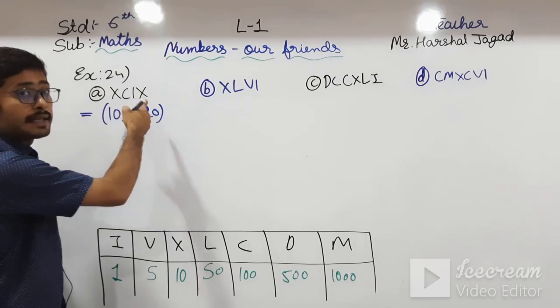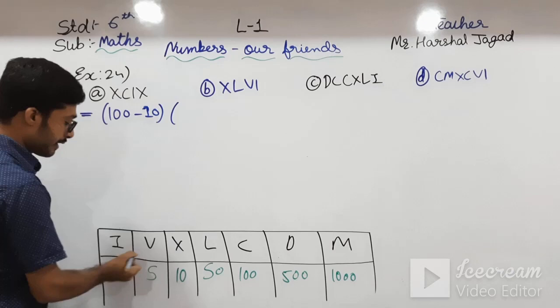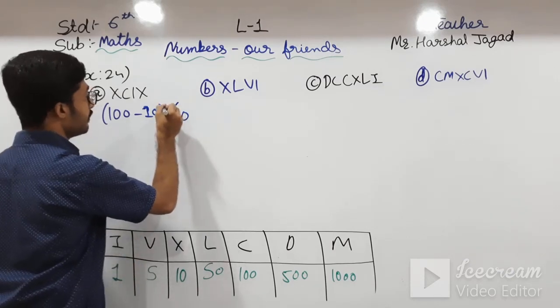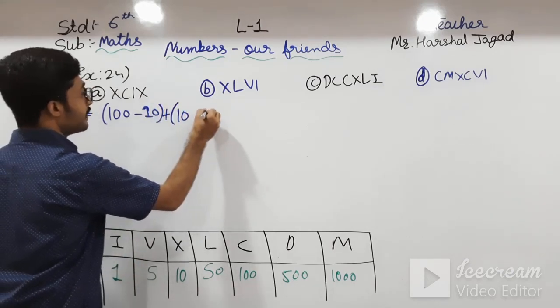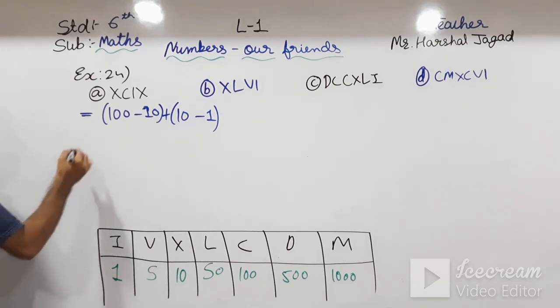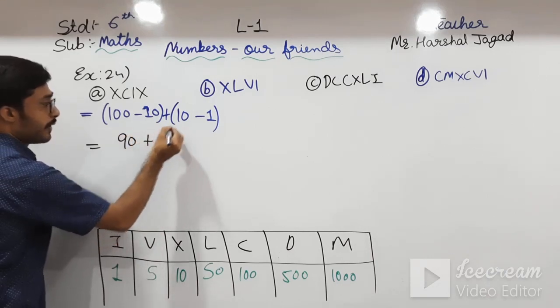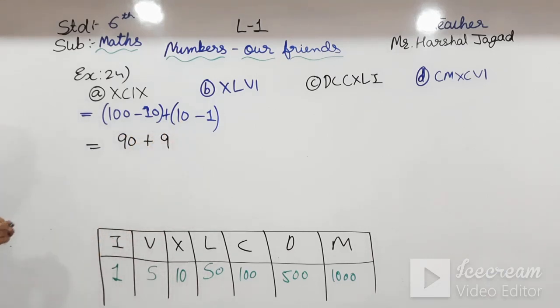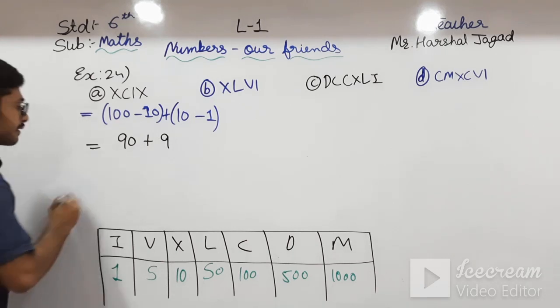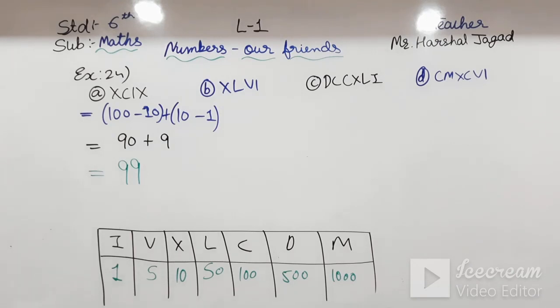This is 9: X is greater and I is small, so 10 minus 1. So what will be the answer? Let us count. 100 minus 10 is 90, plus 9, so the answer is 99. Okay students, the first answer is 99.